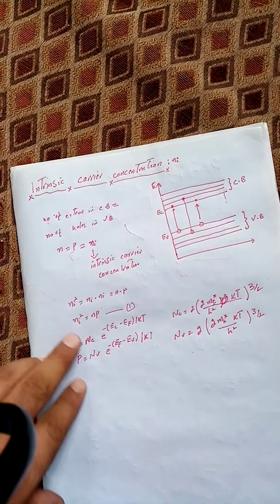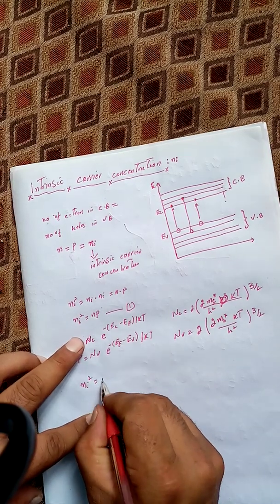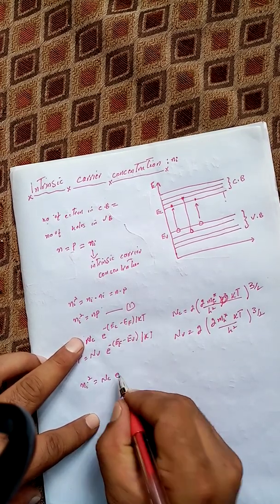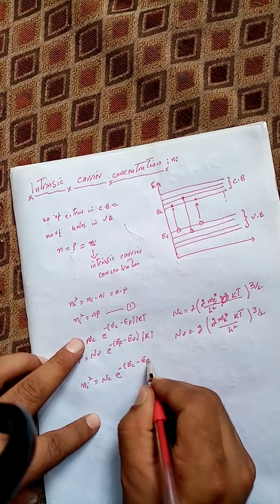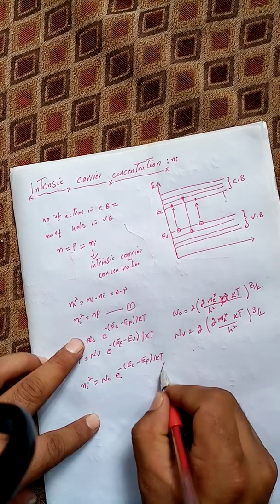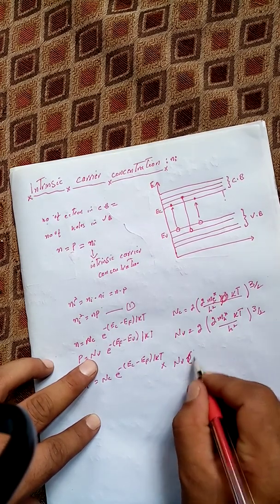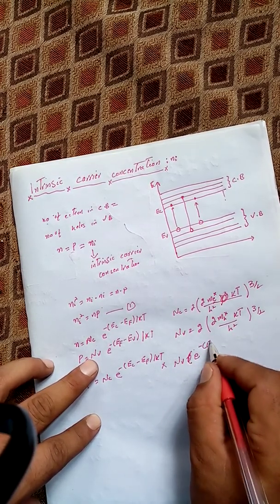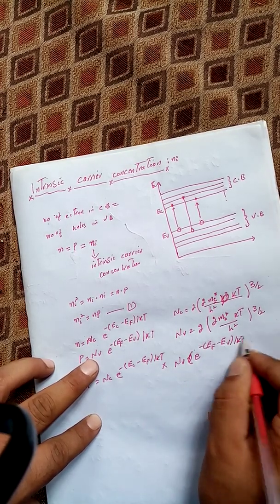Using these values, Ni square will be Nc e raised to power minus Ec minus Ef over kT times Nv into e raised to power minus Ef minus Ev over kT.